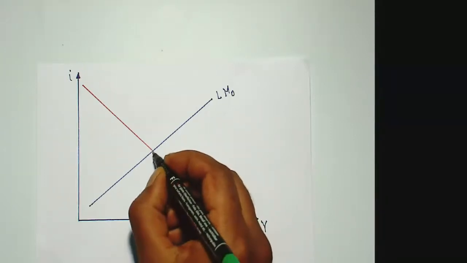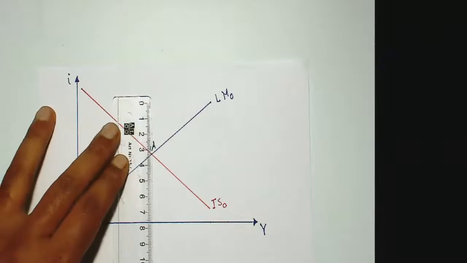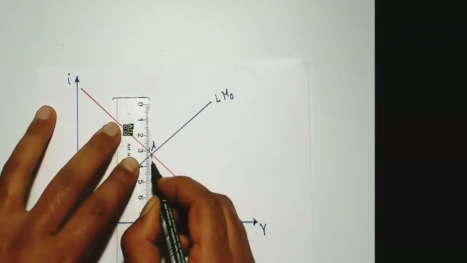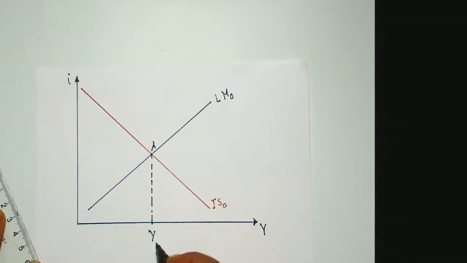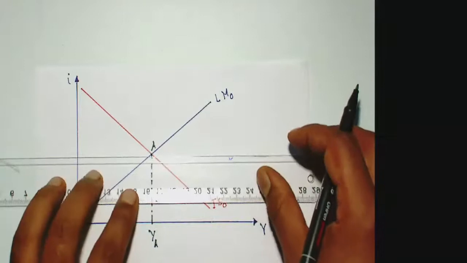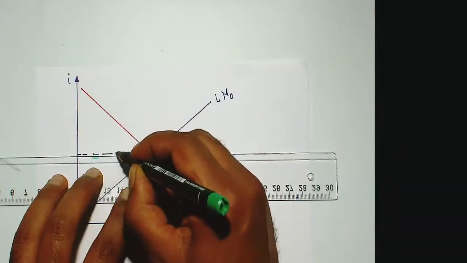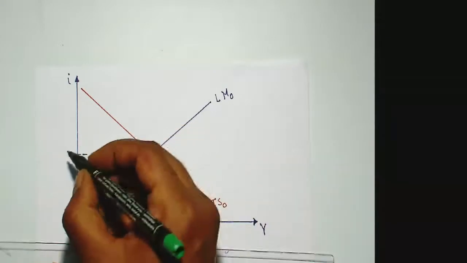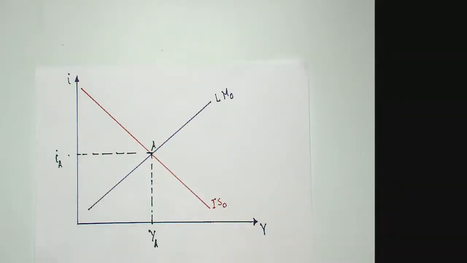In our initial equilibrium point A, we have an income level of YA in a usual scenario, as indicated also in the previous cases. We would have an initial level of income YA and an initial level of interest rate IA.